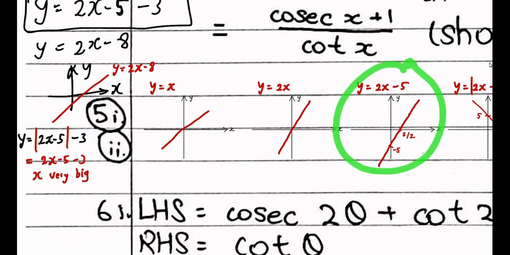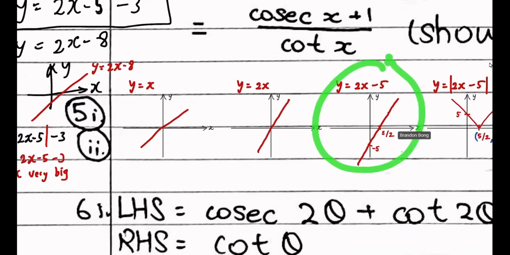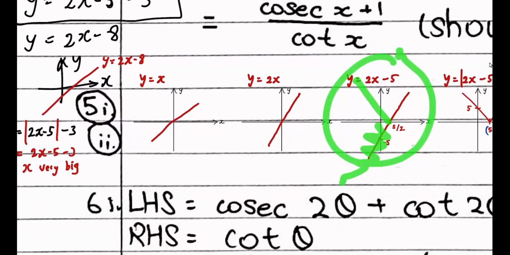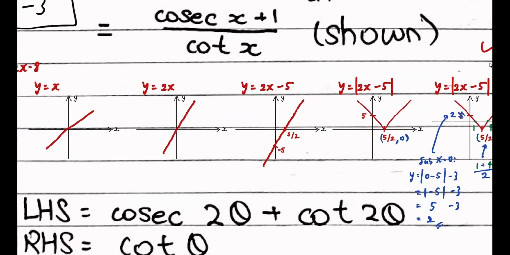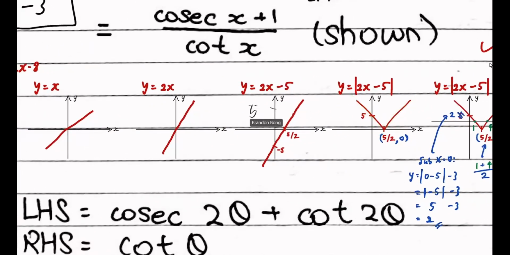Modulus means what? Modulus means must be positive. Correct. When is the graph negative? Correct, exactly. You just have to draw this part, drop the left leg. The part of the graph that's negative, you drop it. So that's why you get this. It will reflect. It will be positive 5.